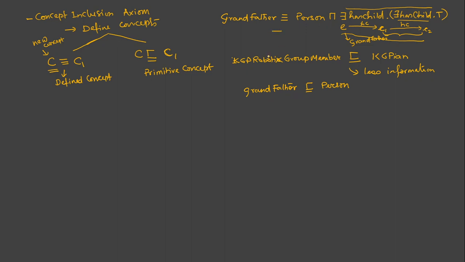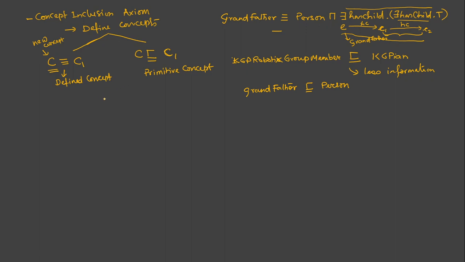So whenever we have provided all the information that we want to provide for a particular class, then we use this equivalence class expression. Otherwise, we use this subclass expression, right?